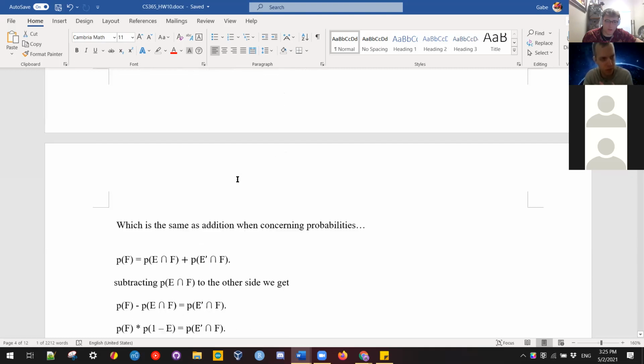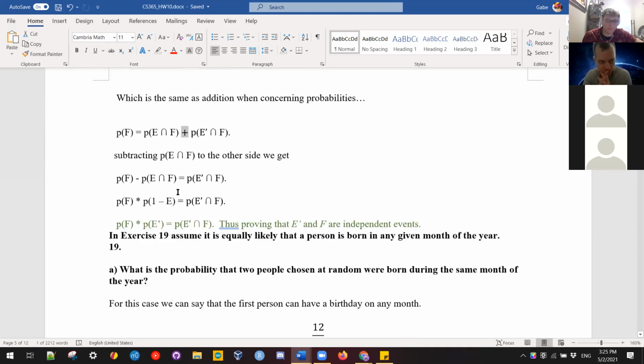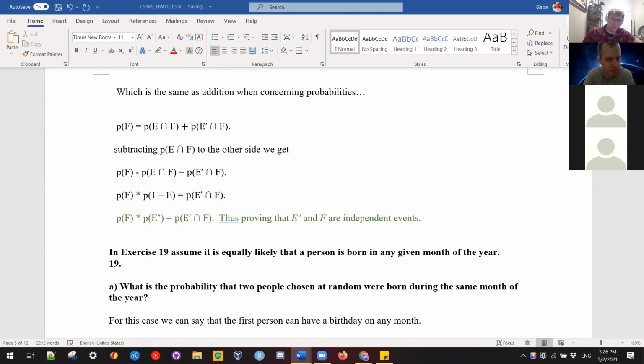The union, you could just add up the probabilities for union. And so we have that. And then once that's all taken care of, we just subtract on over this guy. And you could factor out P of F. And you basically have the exact same thing Adam had, where you have this 1 minus P of E, which is P of not E. And you have P of F times P of E, and you got your result. And there you go.